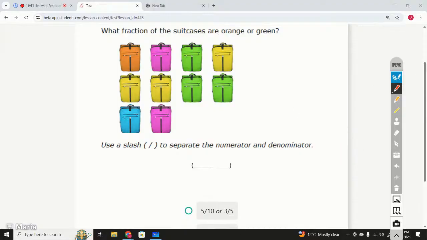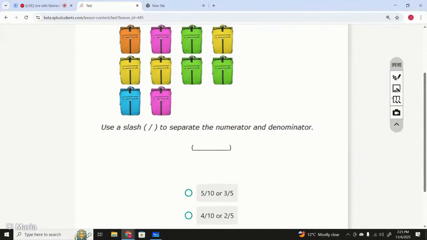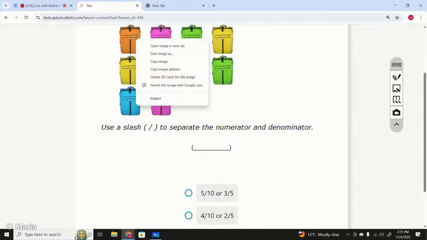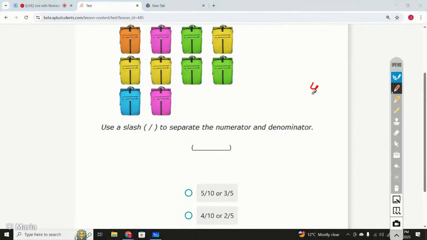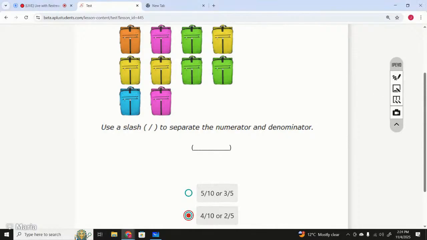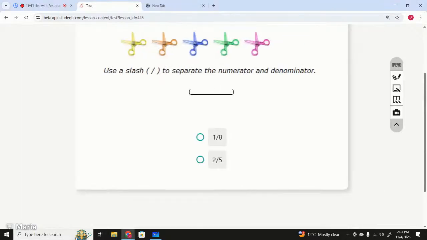Orange or green. One of them is orange. Two, three, four. That is 4 out of 10, or 2 by 5. Option number 2 is the correct option.